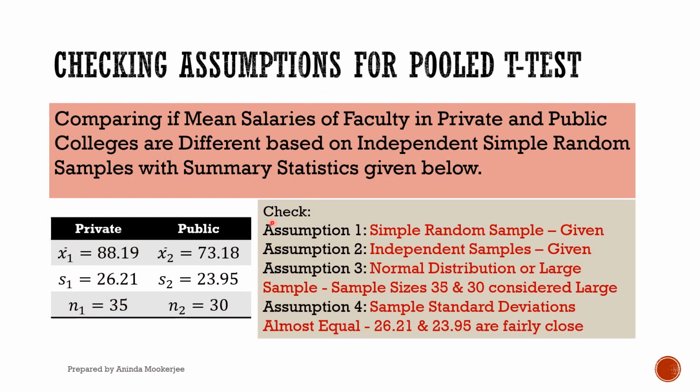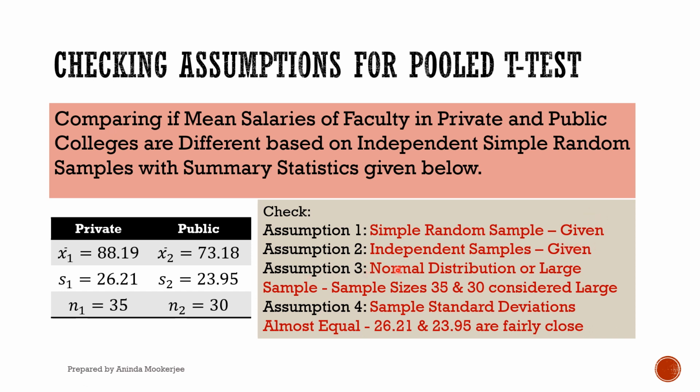Now this slide shows how we can check the assumptions that were given to us. Assumption 1 is simple random sample. That would be given in the question, so you have to look for whether it's a simple random sample or not in the question itself. If it is an independent sample, that would also be given to us in the question.